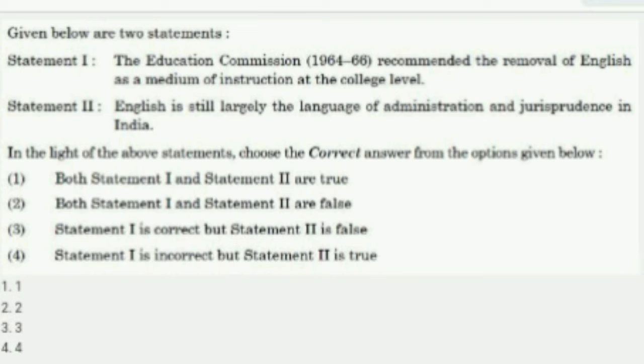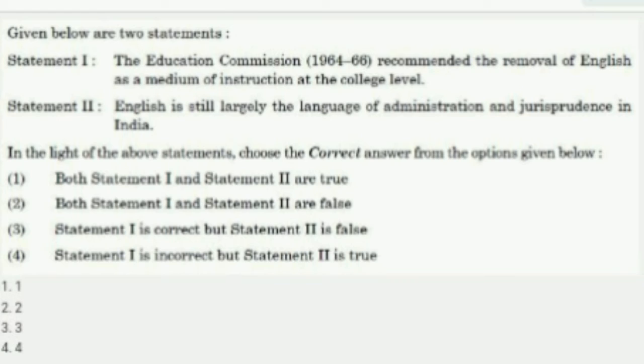It modified the 3-language formula recommended by the University Grants Commission. It recommended education of women and vocational education. It also recommended the formulation of a national education policy.